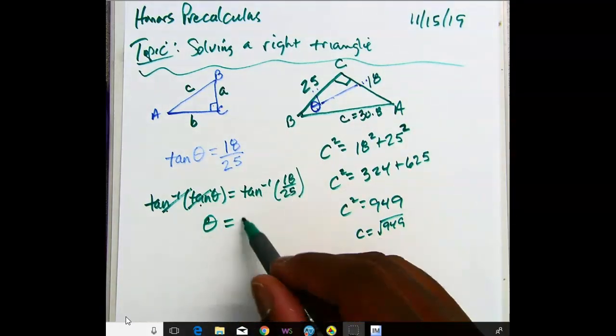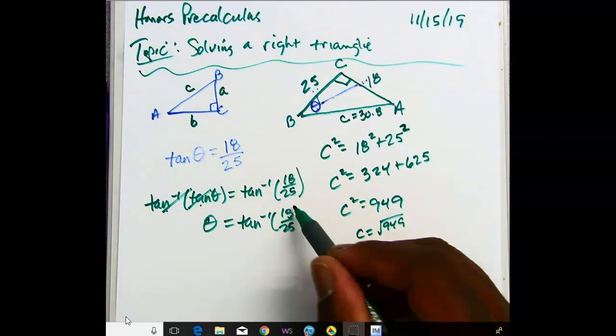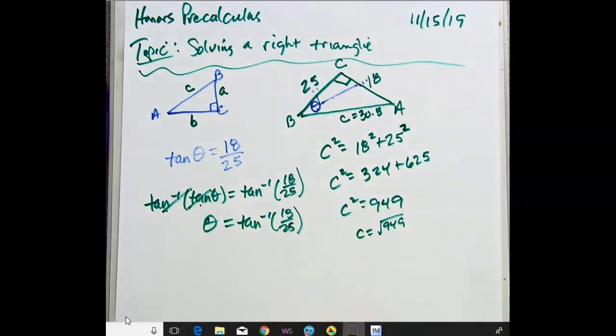So theta is equal to the inverse tan of 18 over 25. Now here I do believe that your answers are in degrees. So please make sure that all of your calculators are in degrees. And let's evaluate what this is going to be.